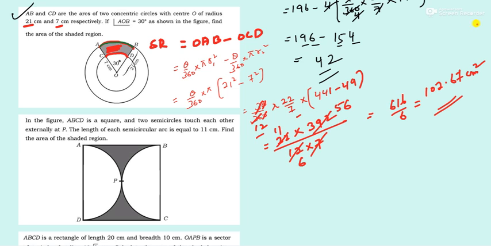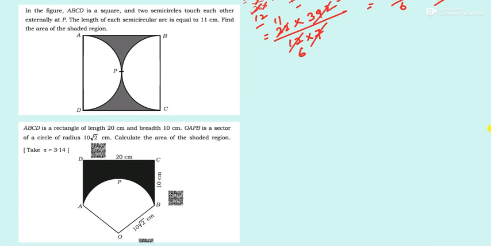Okay, moving to the next question, which is given here. In the given figure, ABCD is a square, and two semicircles touch each other externally at P. The length of each semicircle arc is equal to 11. Next, find the area of shaded region. So how are you going to do that?